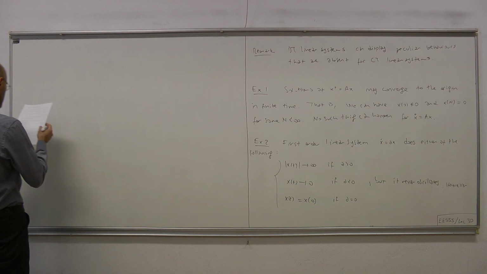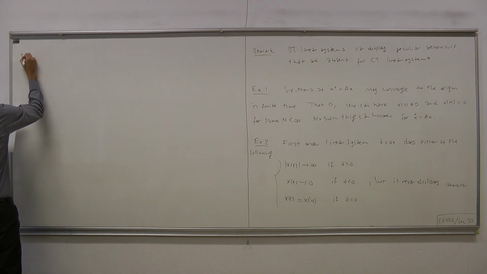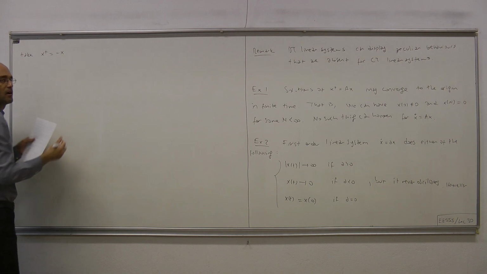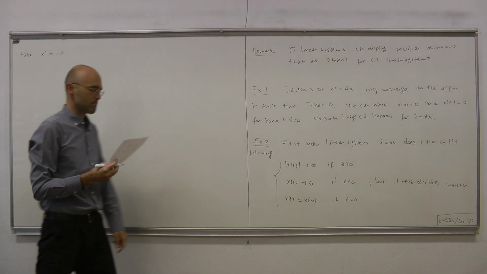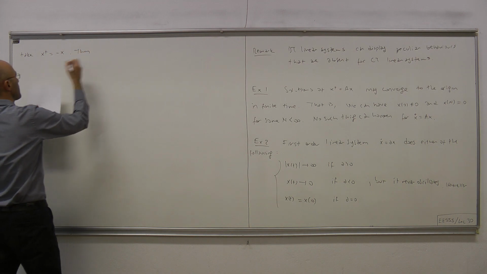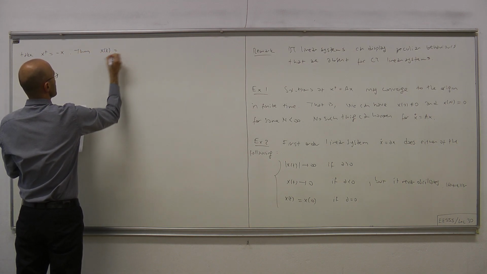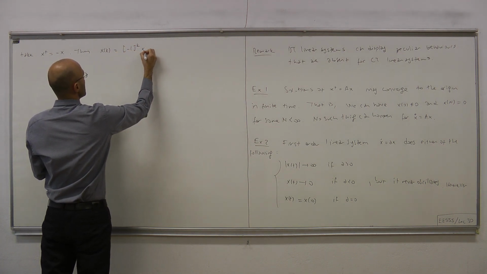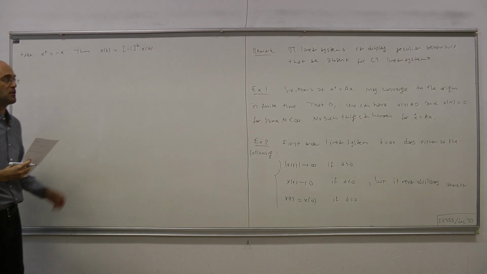Take, for instance, x plus equals minus x. Then the solution is x of k equals minus 1 to the k times the initial condition x of 0.